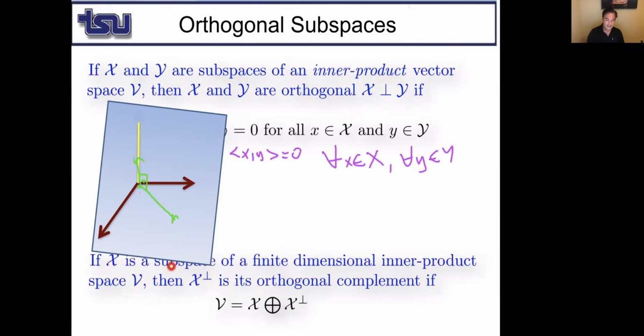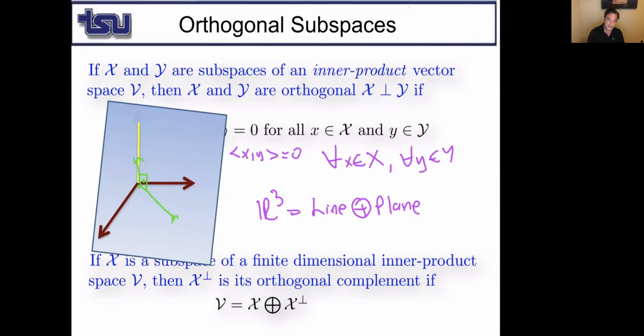If X is a subspace of an inner product space, X perp is the orthogonal complement if X direct sum X perp is V. What does that mean? Look here. R3 can be written as the direct sum of a line and a plane. Is that correct? Because any vector in R3 can be represented in a unique way, one vector from the line and one vector from the plane.